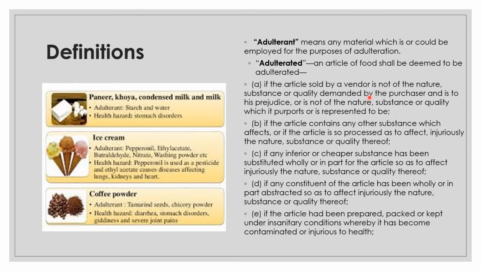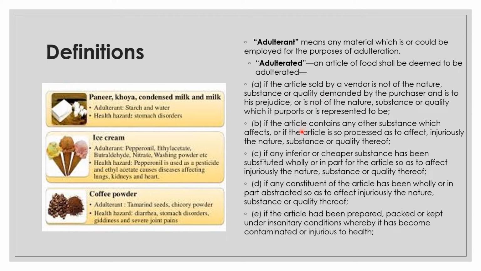Okay, so the purchaser wants a particular food item to be of certain quality, nature and substance. But if it is not so, then the food item is deemed to be adulterated. It is of lower quality. Okay, it is made of cheaper substance, or it is made of bad nature or hazardous nature.